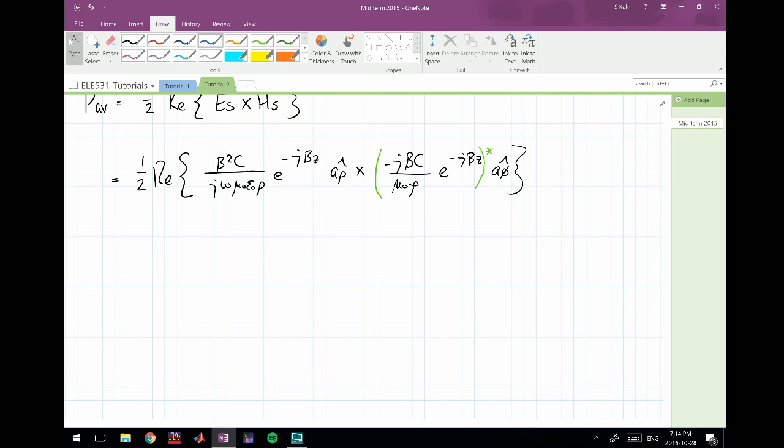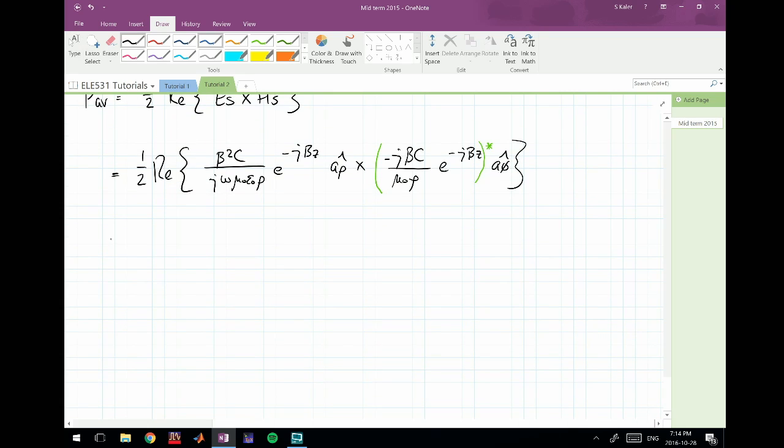I won't do it all in one step because that's going to be too much. So let's rewrite it as a conjugate first. Beta squared C over J omega mu naught epsilon naught rho e to the minus J beta Z A rho, cross, minus J beta C over mu naught rho. This is C conjugate. And this is e to the J beta Z.